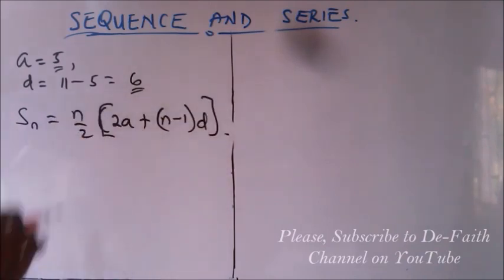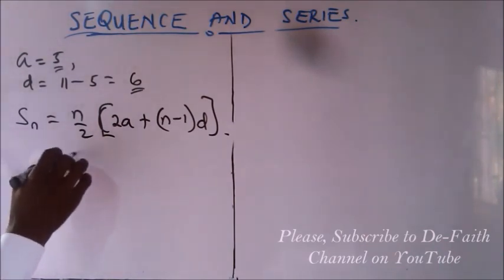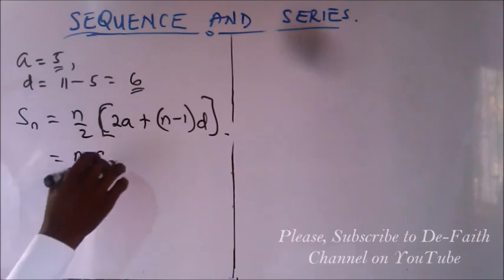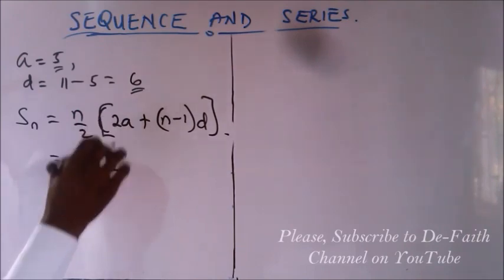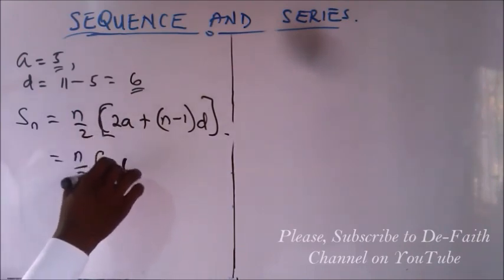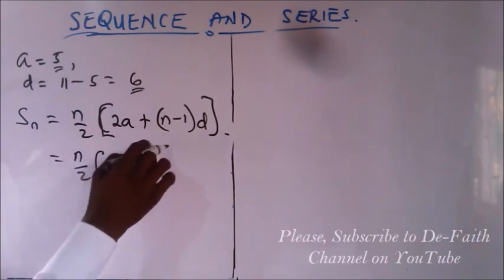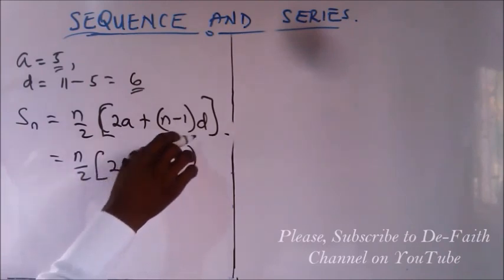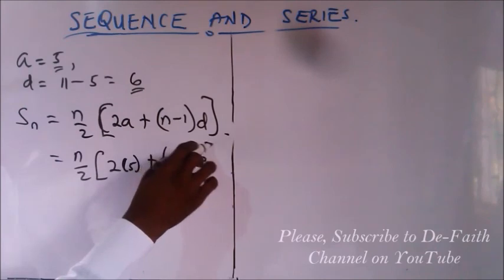In this question, we do not have the value of n, but we have the value of a and d. And so we'll use that and substitute into this equation. Now we have n over 2 into bracket 2 multiplied by a, that is 5, alright? Plus n minus 1 into brackets d, which is 6.